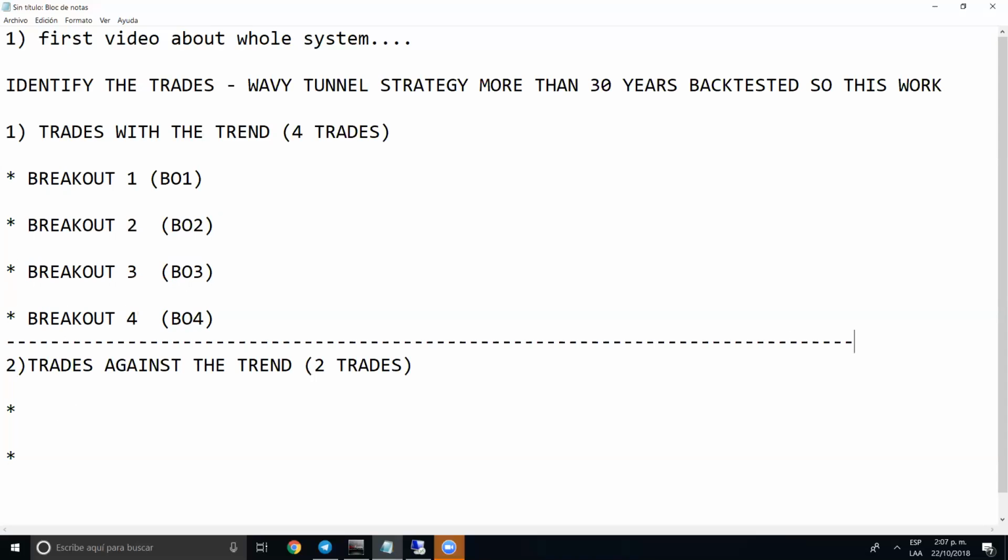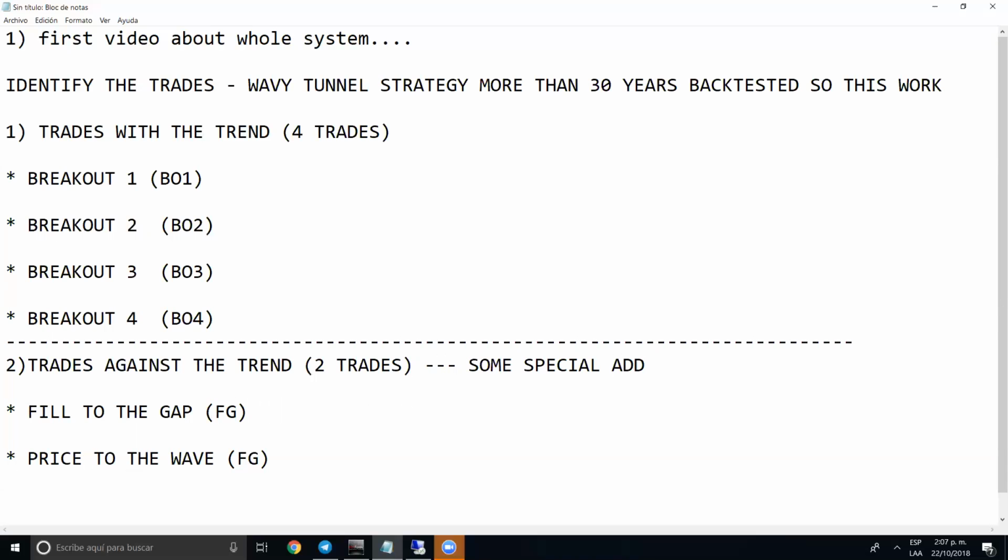Also, we have different trades that are against the trend. For this, we have a trade called fill the gap and rise to the wave. Usually for these two trades, we need some special add-on, and it is divergence.